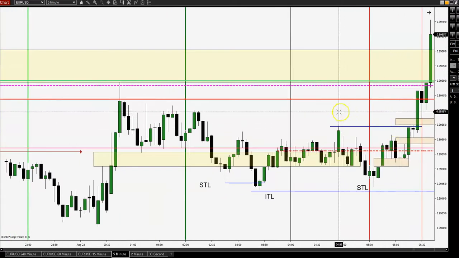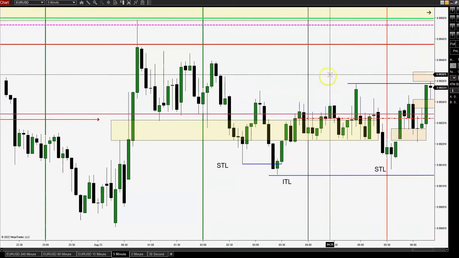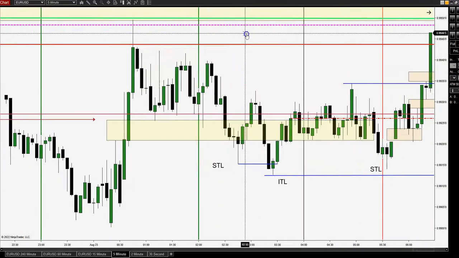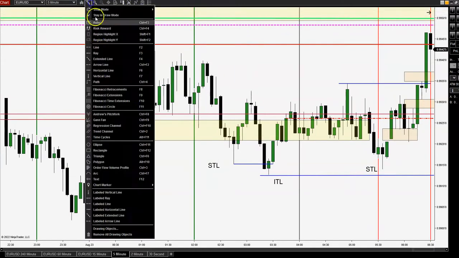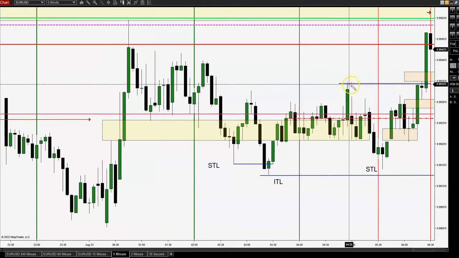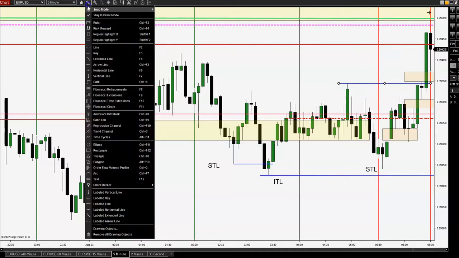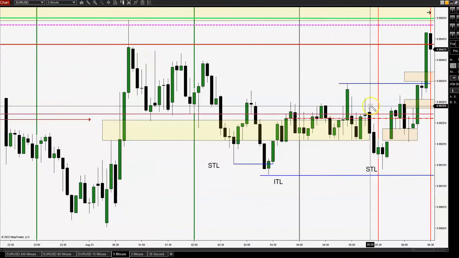Now, the reason why I didn't take this trade is because it doesn't match with what I do and how ICT taught it to begin with. For example, in order for me to have been comfortable taking this trade, this high here should have been broken. Let me draw my arrow.